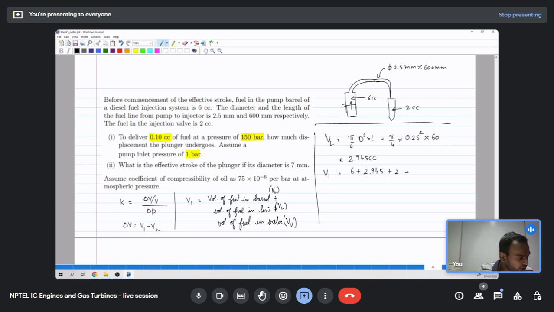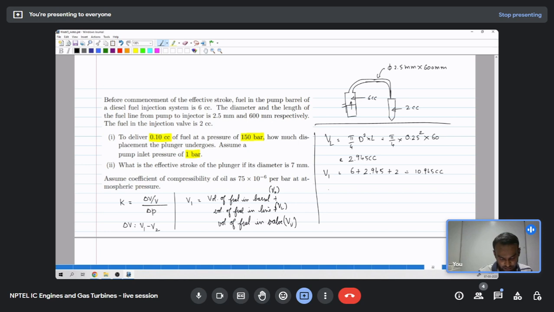Then in total we have 10.945 cc of fuel that has to be compressed, and to compress it to 150 bar we can calculate how much the displacement of the plunger should be by calculating delta V.